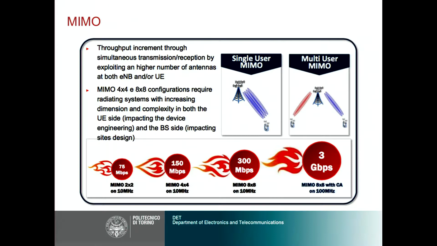Another feature that is introduced by LTE Advanced is higher order MIMO. Higher order MIMO in LTE Advanced is still from the transmitter, from the eNodeB to the UE, because higher order MIMO requires large size antennas.